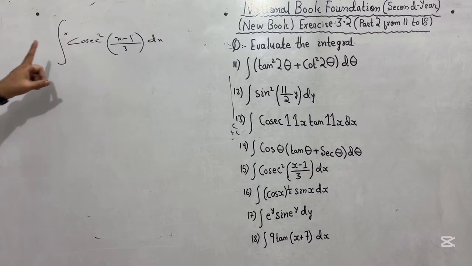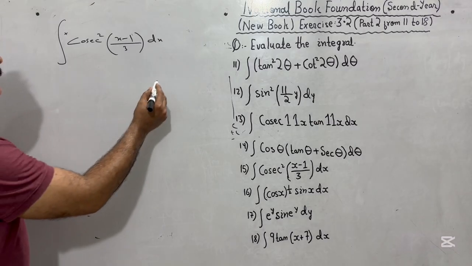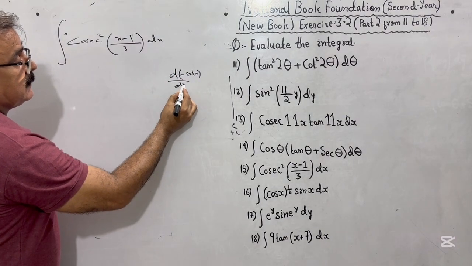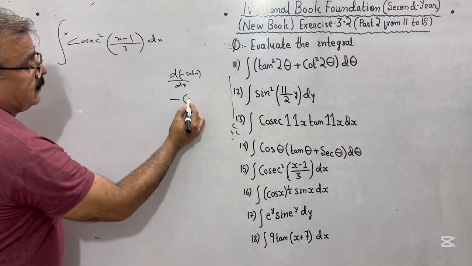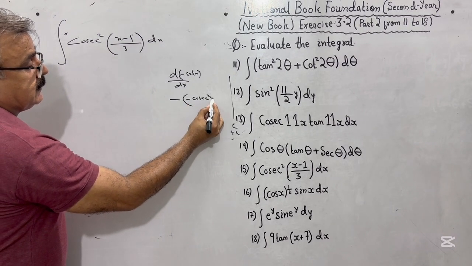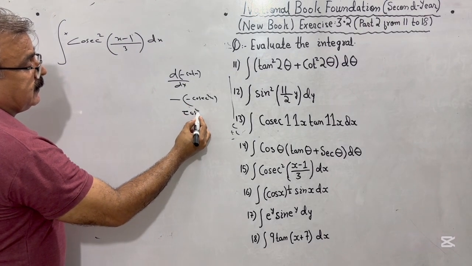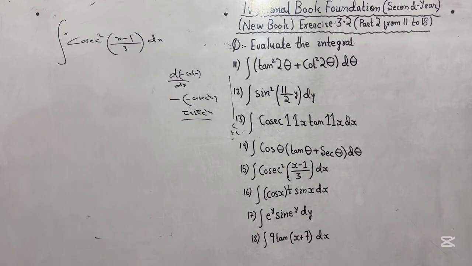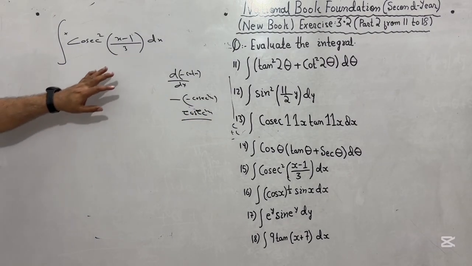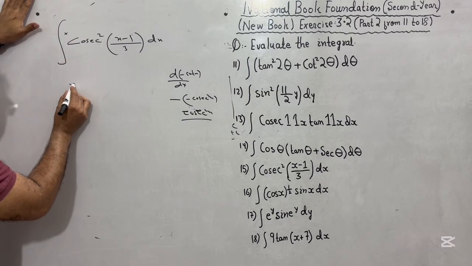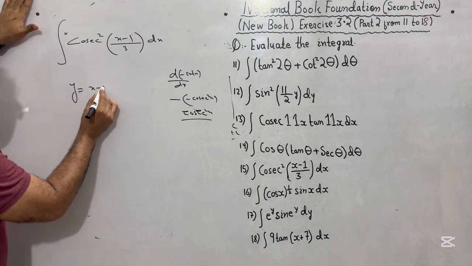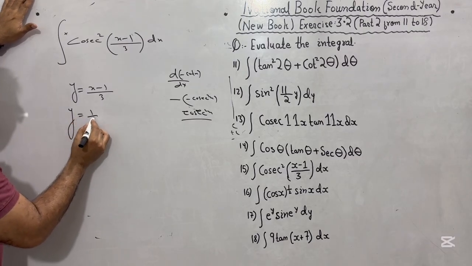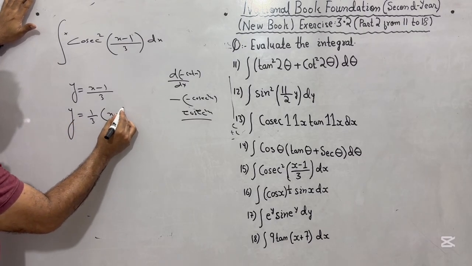Its integration is minus cot because differentiation of minus cot with respect to x is minus times minus cosec square x, that is plus cosec square x. We have to settle the angle issue. Suppose y is equal to x minus 1 over 3, or y is equal to 1 over 3 times x minus 1.